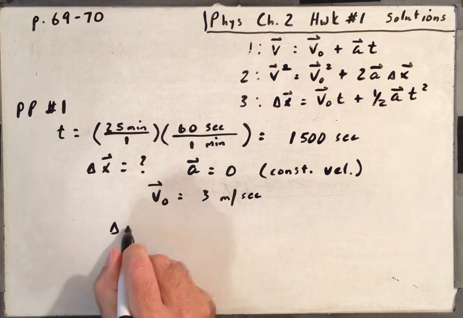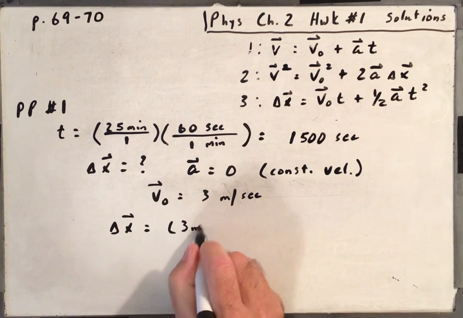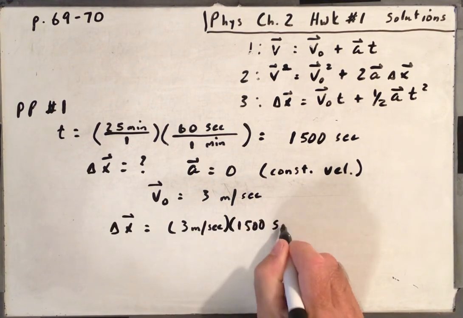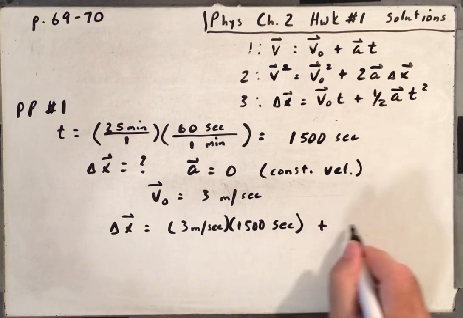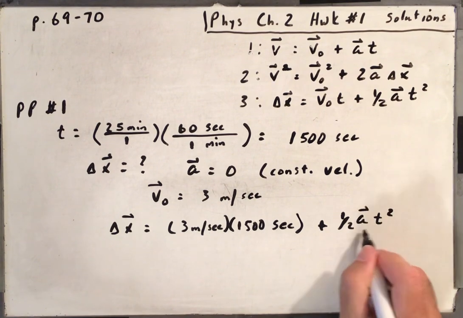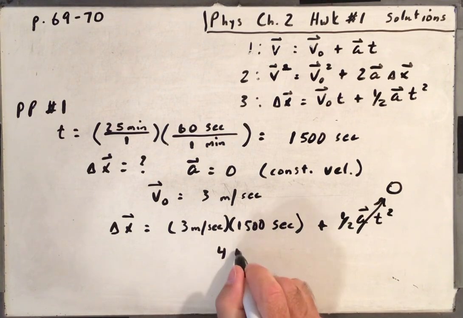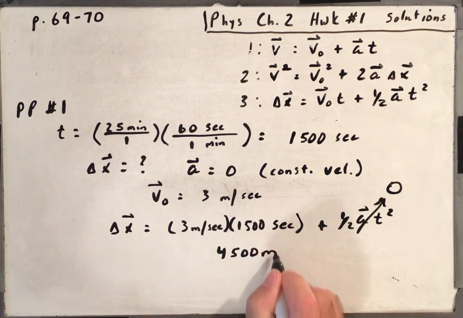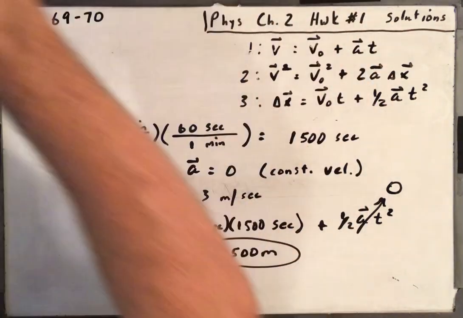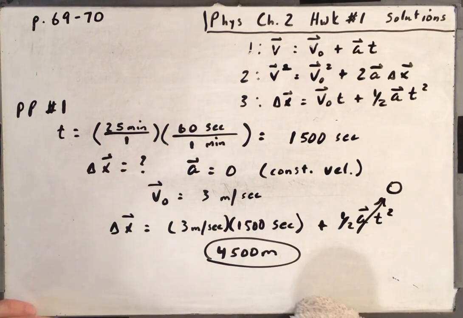Delta x is equal to 3 meters a second times 1,500 seconds. And the second part of the equation, that 1/2 at squared, all just goes to 0. So that's going to be 4,500 meters. Since acceleration is 0, the whole second half of the equation is 0, which makes problem number 1 a nice, easy one.